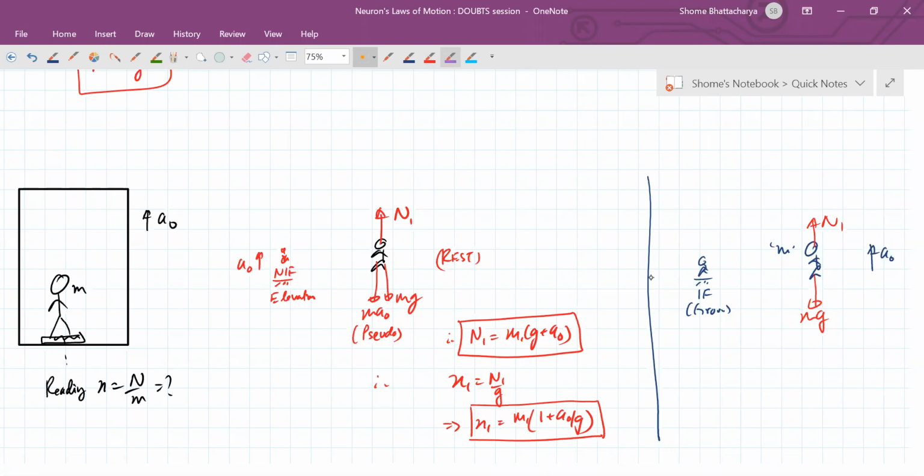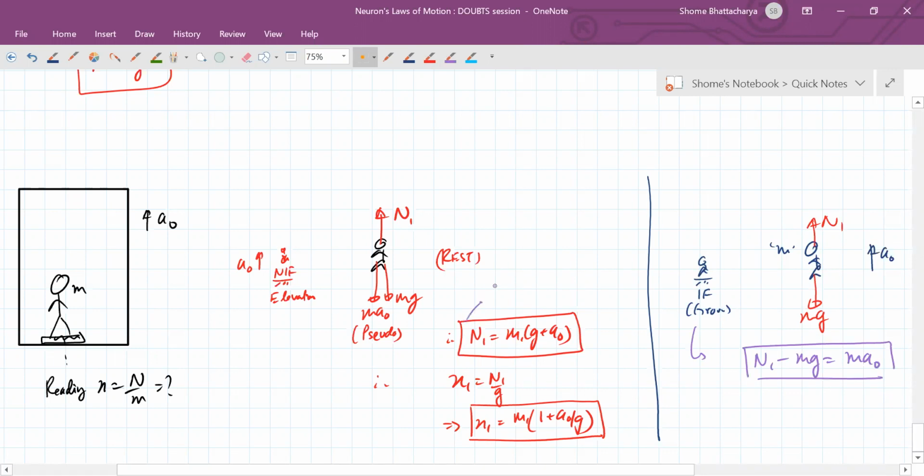So what this observer will conclude is that net force is equal to mass into acceleration. He will conclude this. Whereas this guy, what he had concluded was that normal reaction was mg plus pseudo force. Okay.